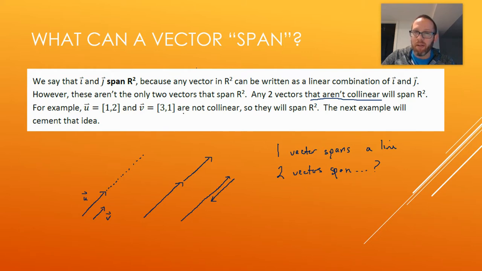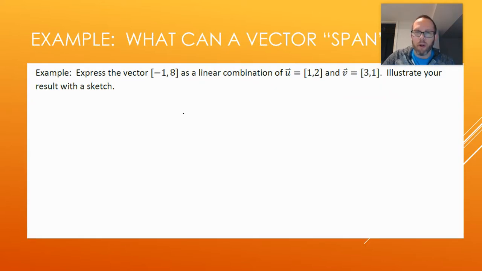And that means any vector in R2 you can make as a linear combination of (1, 2) and (3, 1). So let's illustrate that. We're going to express (-1, 8) as a linear combination of (1, 2) and (3, 1). And afterwards, we'll illustrate what we did with our sketch.